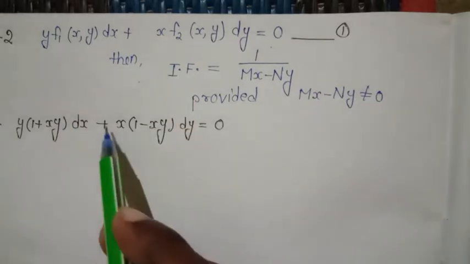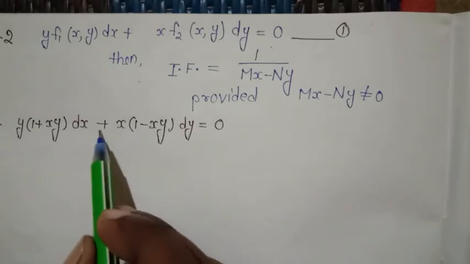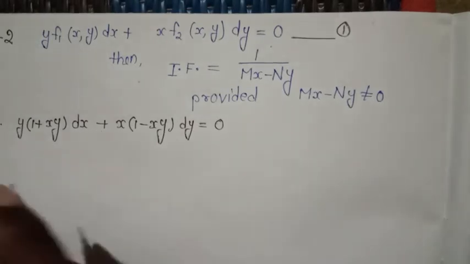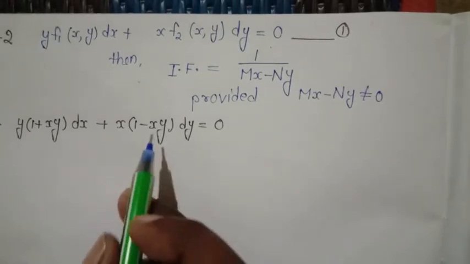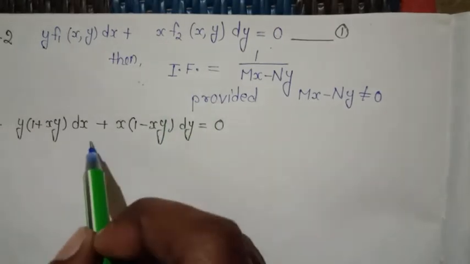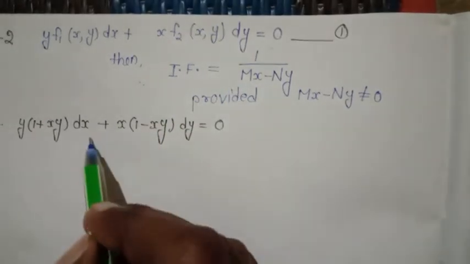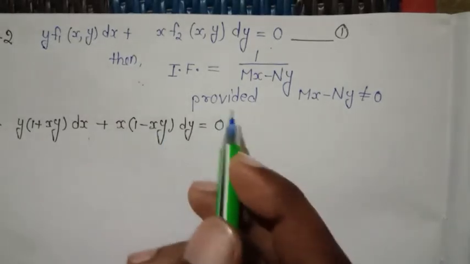So this is present in this form, and now I am going to check whether this is exact or not. If it is exact, then I can solve, as I told you, by the previous method, and if it is not, then I will have to find the value of the integrating factor, and then I will multiply that integrating factor with the given differential equation, and then I will solve it, when it is reduced into the exact differential form.